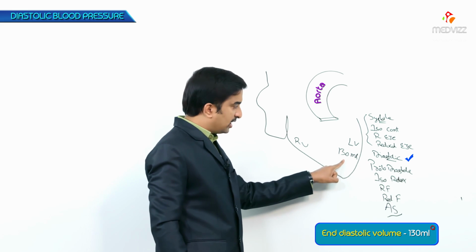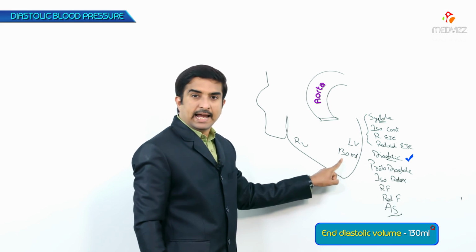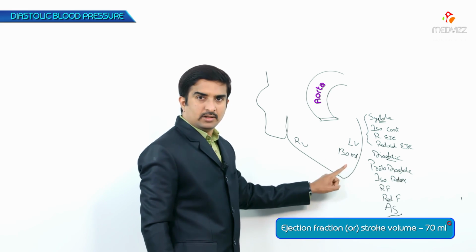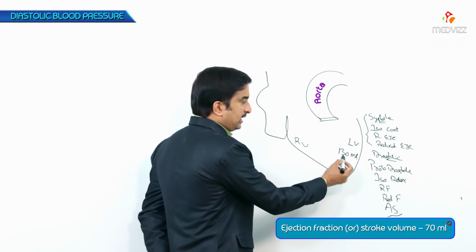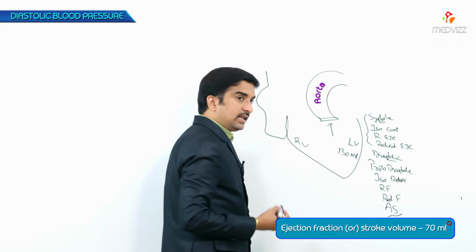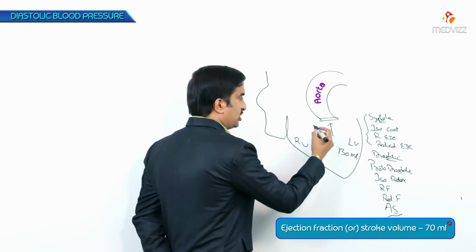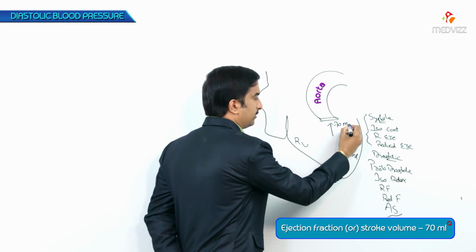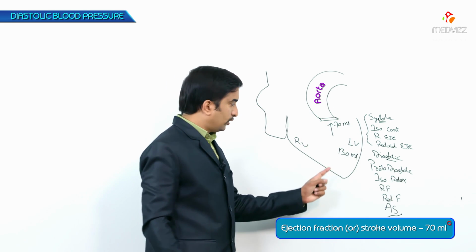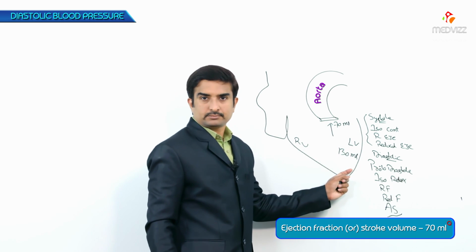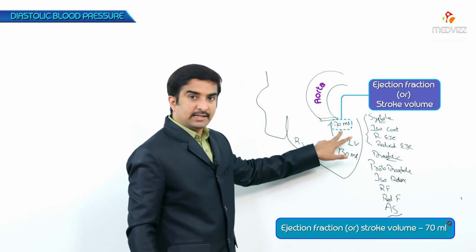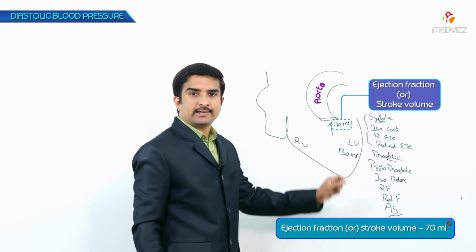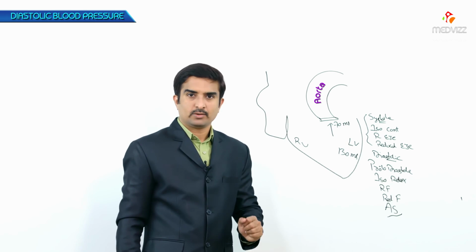That is the reason we call this the end diastolic volume. And out of this end diastolic volume, 70 ml is ejected into the aorta, that is 70 ml out of 130 ml. This is called the ejection fraction and this is called the stroke volume, right?